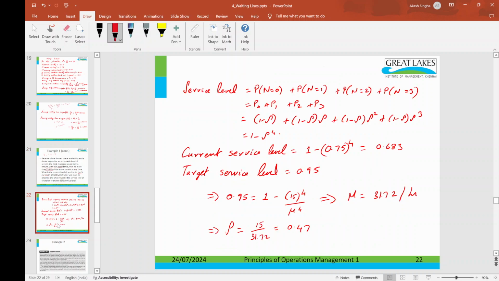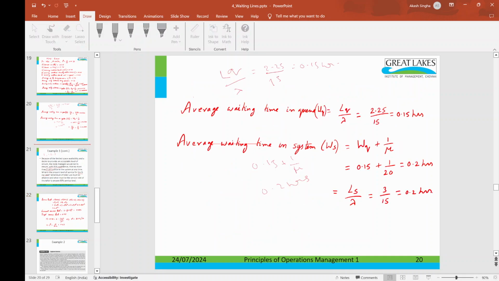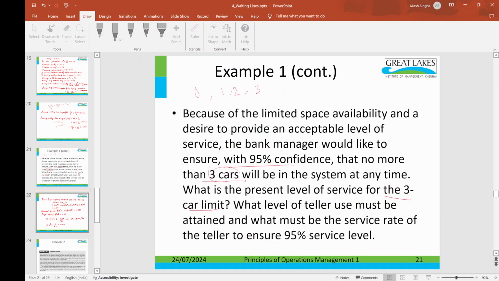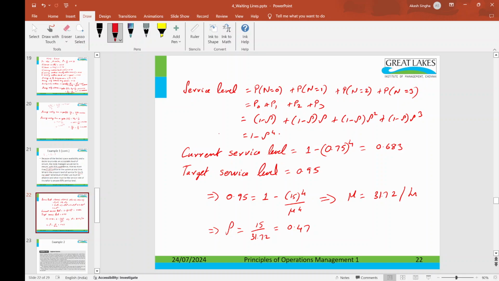In the solution, the service level is calculated as the probability of being in all four states: P0, P1, P2, or P3.